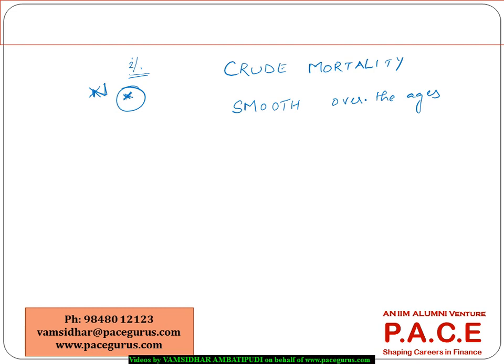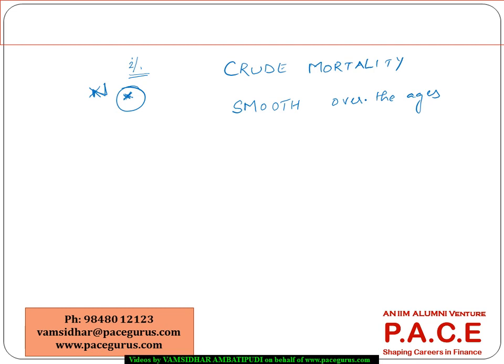How do I justify that people at 21 die less compared to 20 as well as 22? In general, our understanding is that as the age increases, the mortality rate keeps increasing, at least for most of the ages.